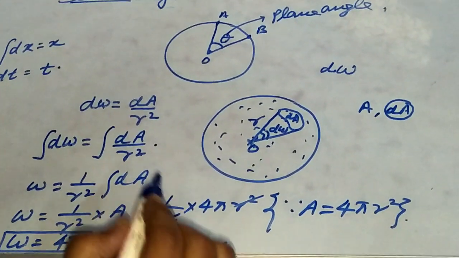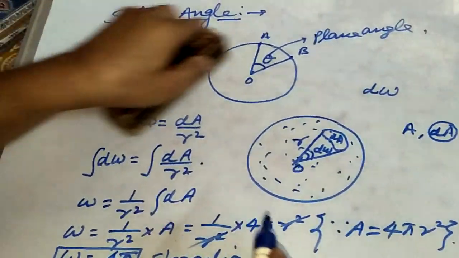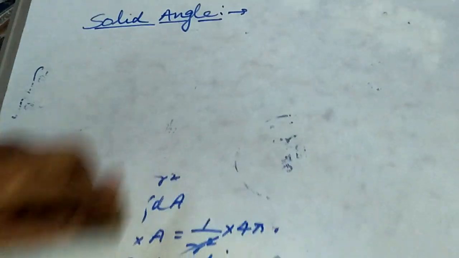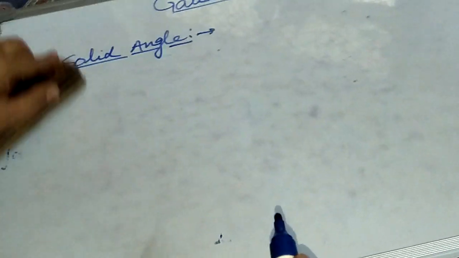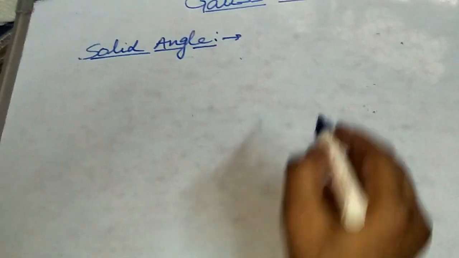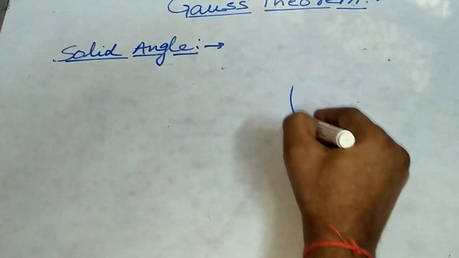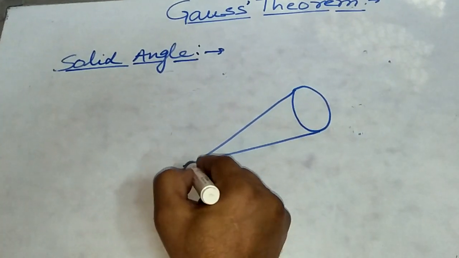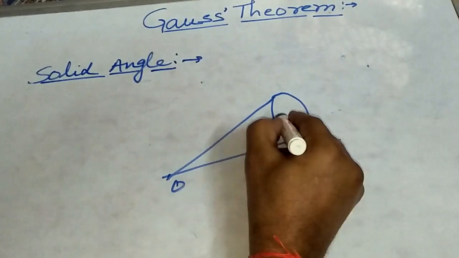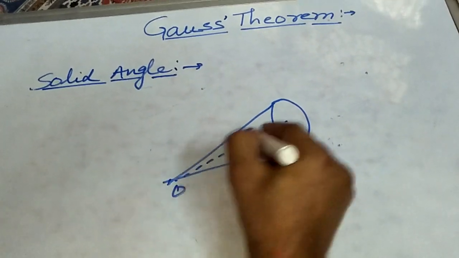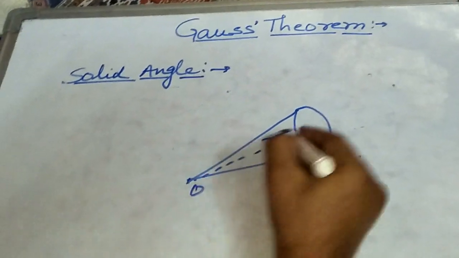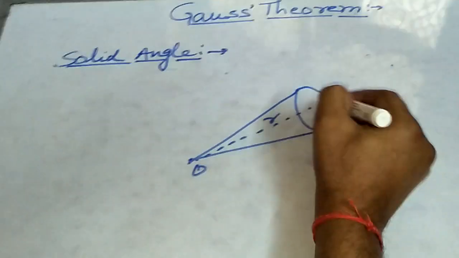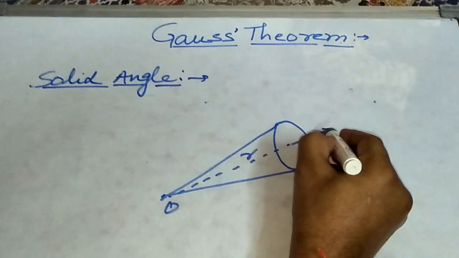Here one more thing I want to tell you. If any surface is rotated through an angle theta, then how can we find the solid angle? Suppose this is any surface, and from point O its distance is r, and suppose for this area vector its axis is along this one.